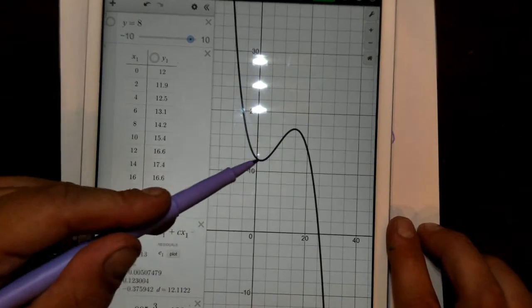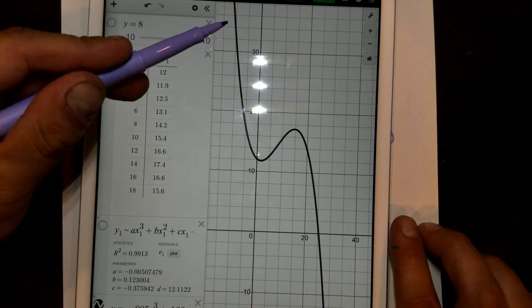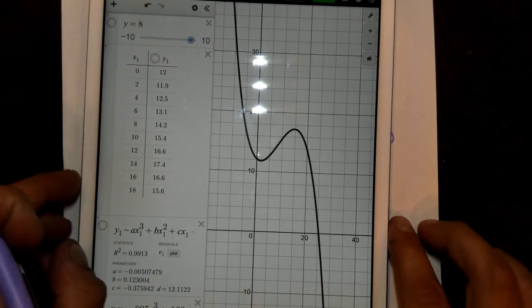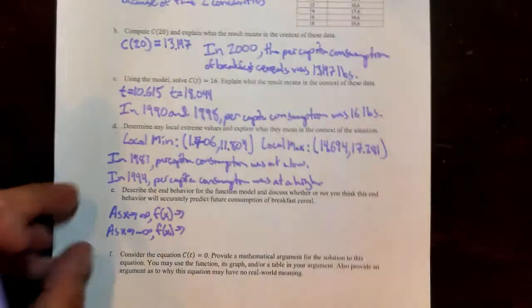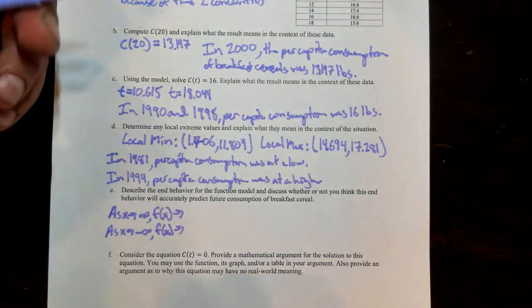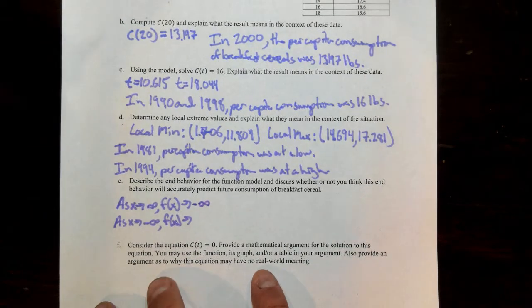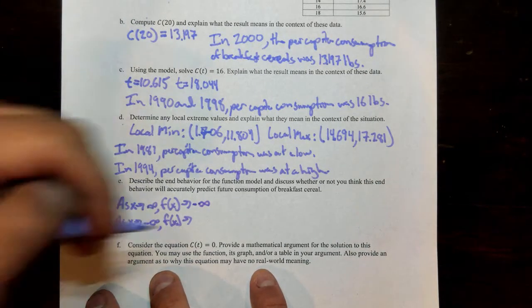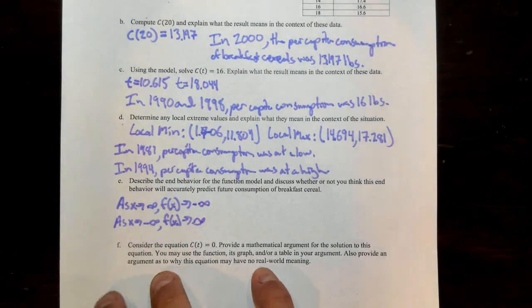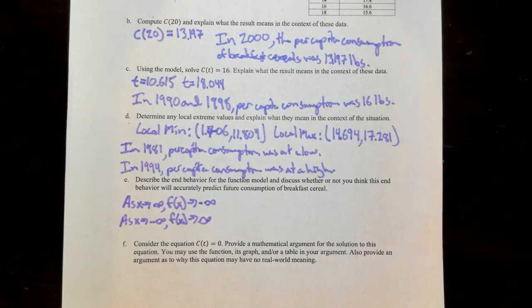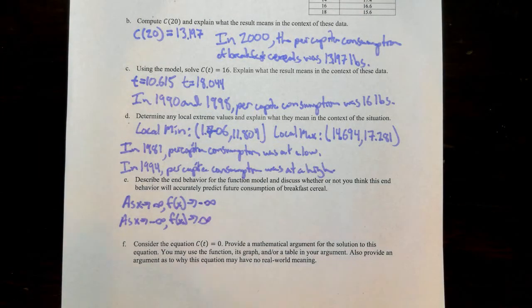And as we go to the left here, as x approaches negative infinity, f of x approaches positive infinity. So again, this is an opposite end behavior kind of function. But we're only going to really talk about the positive end behavior here because that's what the model models.